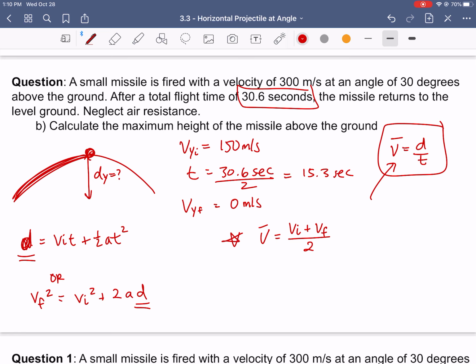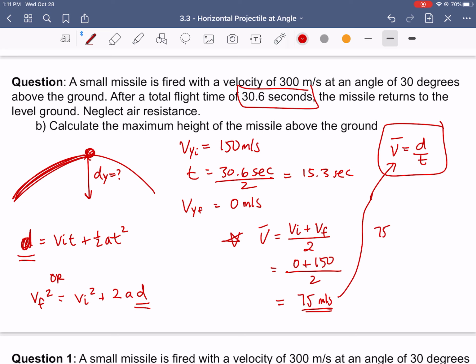This is not on your reference table, so you should memorize this. Whenever the speed changes and you're trying to get the average velocity, you use this. So in this case, we can use 0 plus 150, or vice versa, over 2, which is equal to 75 meters per second. That's going to be your average velocity.